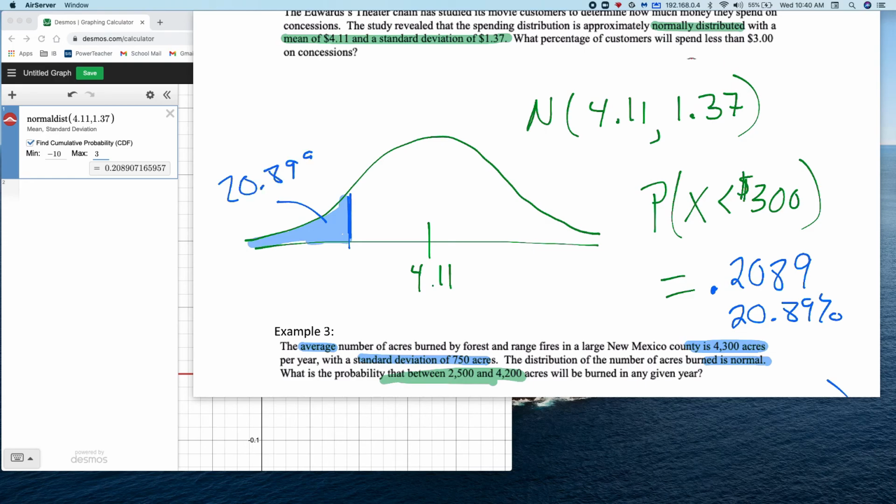So that means this grouping up here is 100% minus 20.89%. If I did that on a calculator, I'd know that the top end there is 79.11% spend more than $3. Well, that might be important to know.